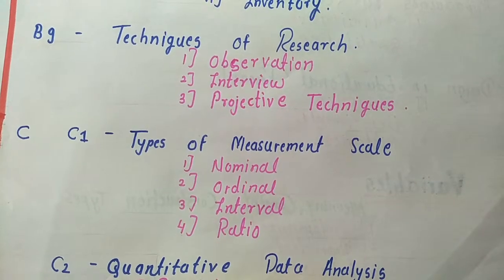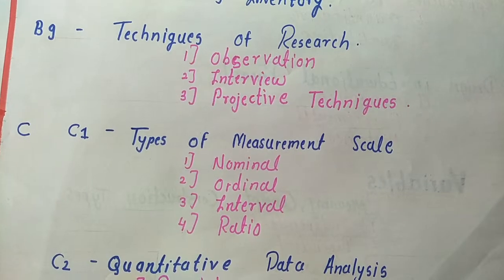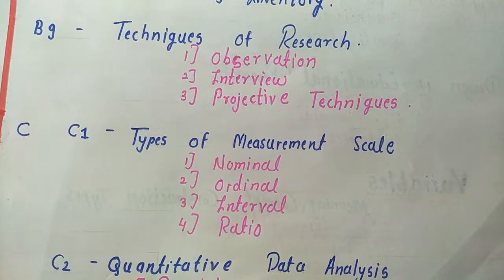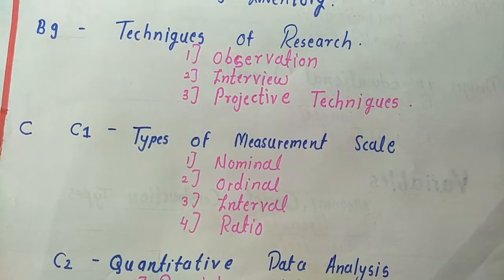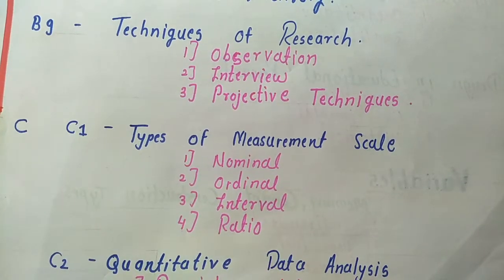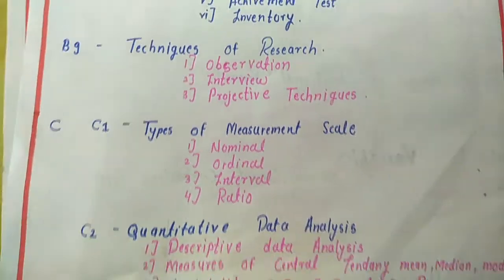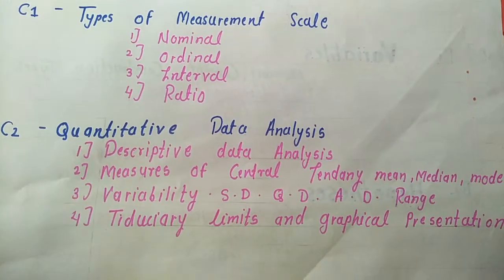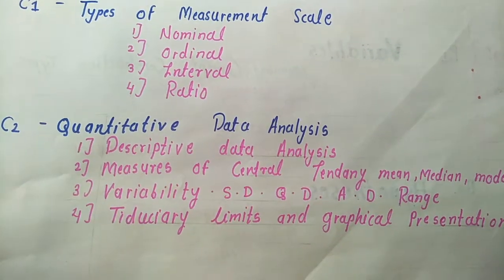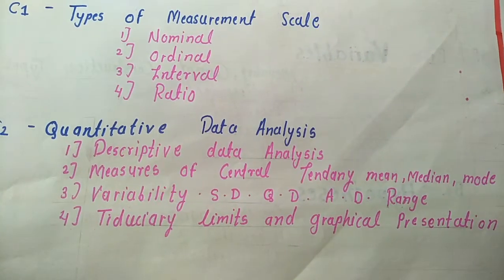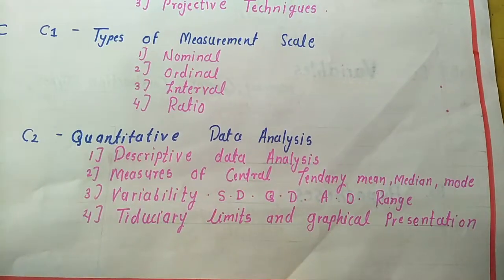The ratio scale has maximum scope, and the nominal scale has low scope. Then next one, quantitative data analysis. In quantitative data analysis, that is descriptive data analysis, measures of central tendency: mean, median and mode.